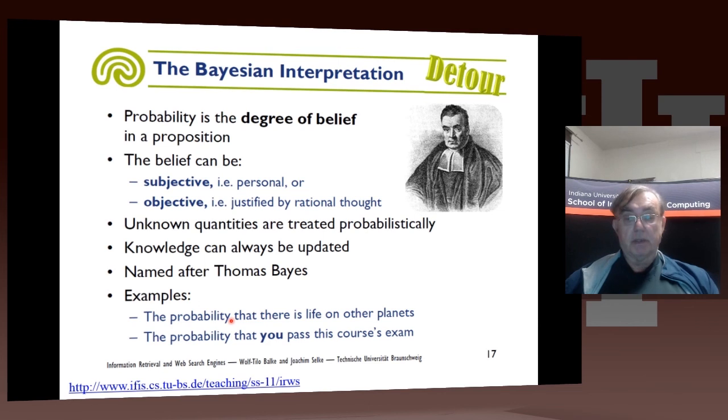And there's also passing this course's exam. What is the probability? Well, you only take the exam once, so it's either 0 or 1 that is the actual result. You may not do that experiment in a frequency sense. But still, the concept of probability is useful.